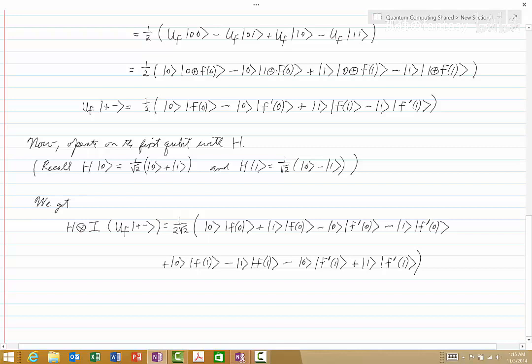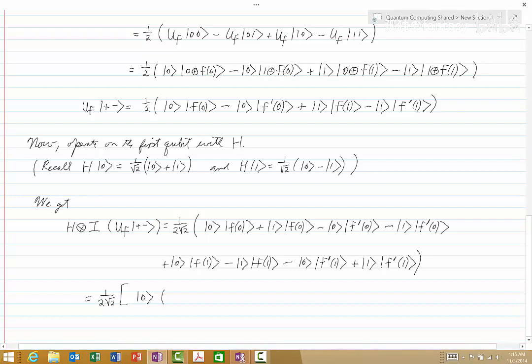So now let's go one more step with this. We'll get 1 over 2 square root of 2 and let's first of all group all the terms having 0 as the first qubit.